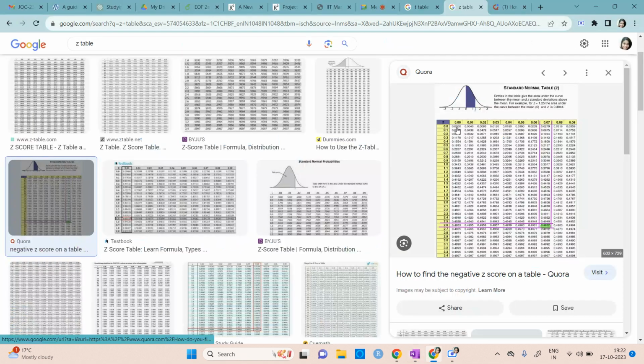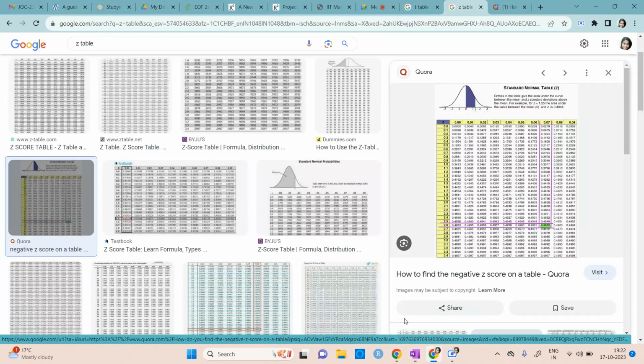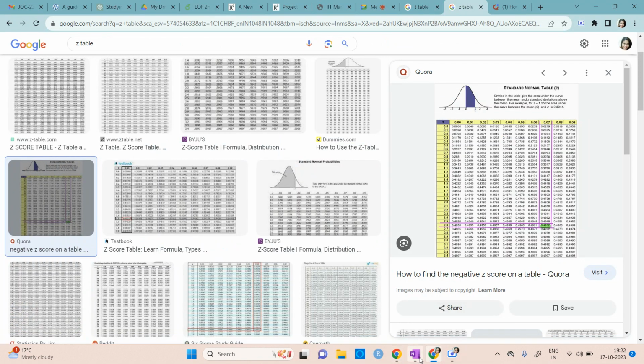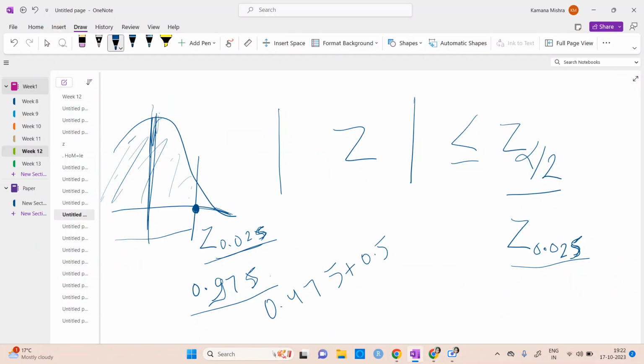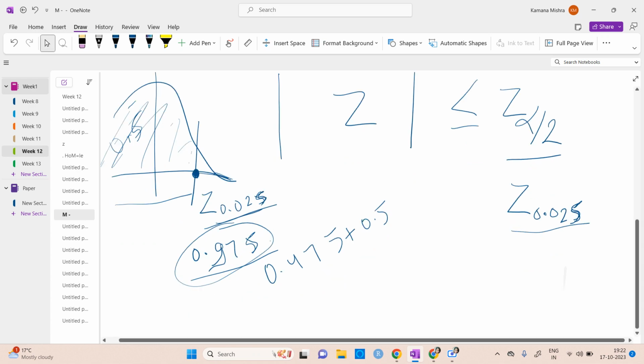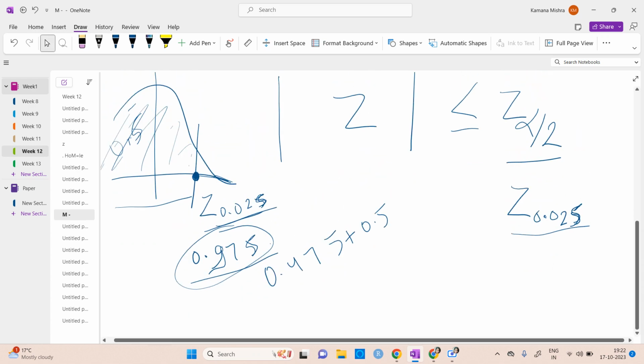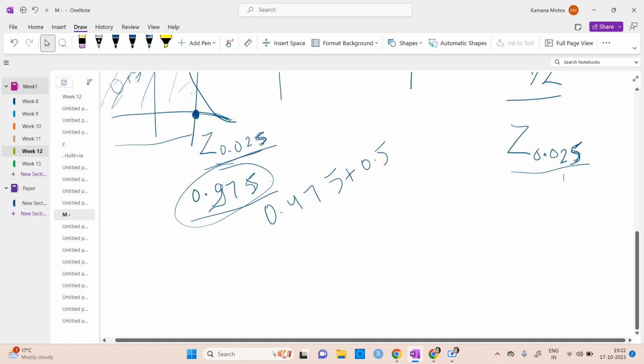Generally the table is given in the form where at 0 it is 0.5, because at 0 it has already covered an area of 0.5, because of its symmetry, right? So at this point we check when the value is 0.975, and it is happening at z equal to 1.96. So we take the z value as 1.96. If it is not clear, I can repeat it again.